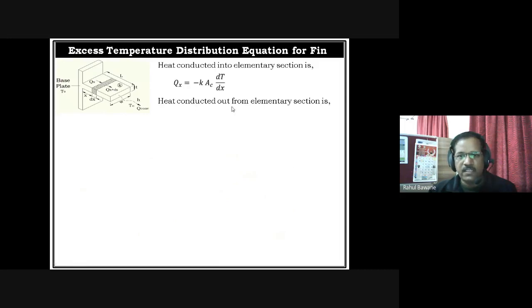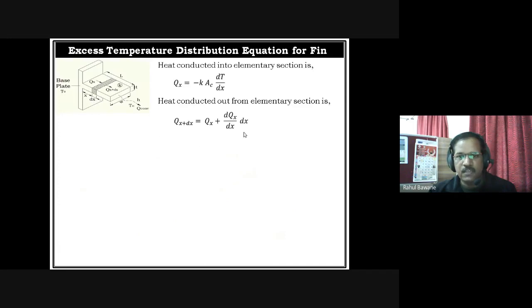Now heat conducted out from the elementary section is Qx plus dx. So Qx plus dx is Qx plus d by dx of Qx into dx. This dx is nothing but the thickness.